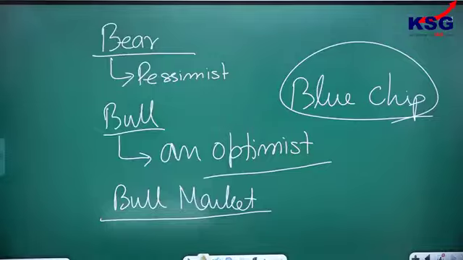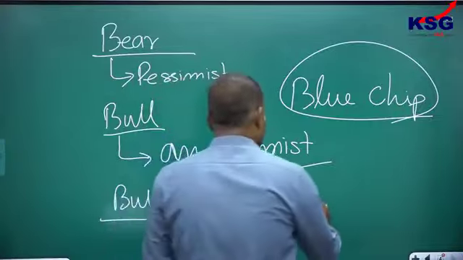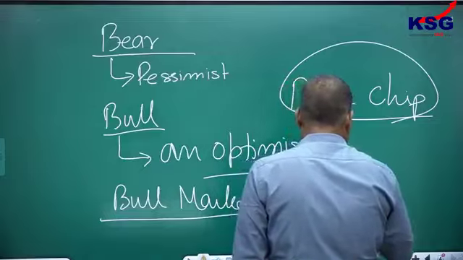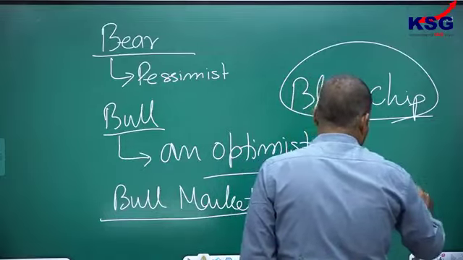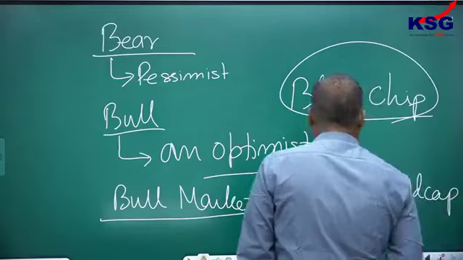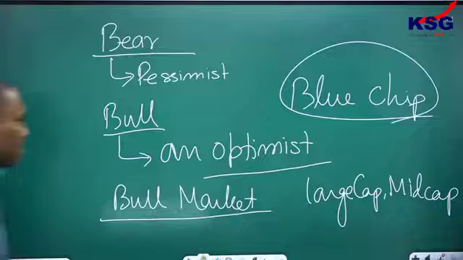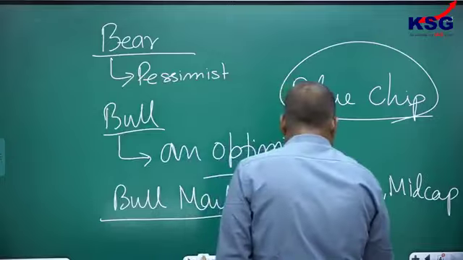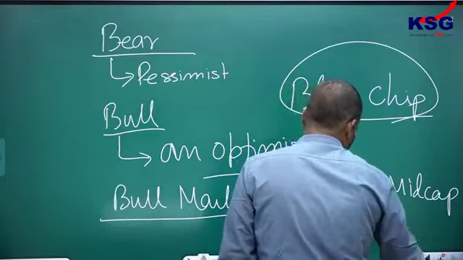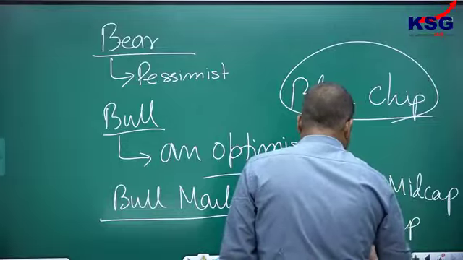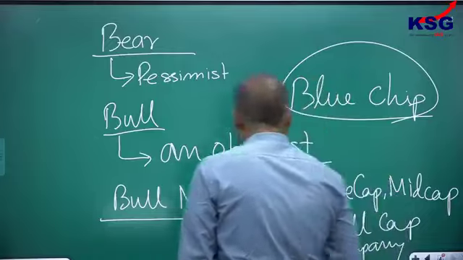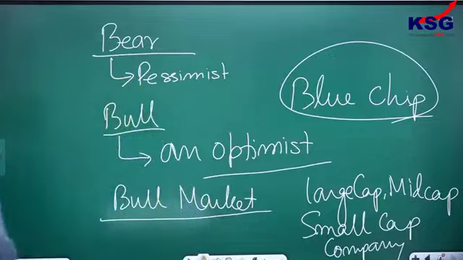Okay. Large cap, mid cap, or small cap company. These are the words we are using. What is the basis you are defining? Just write one line. Companies with a market capitalization.